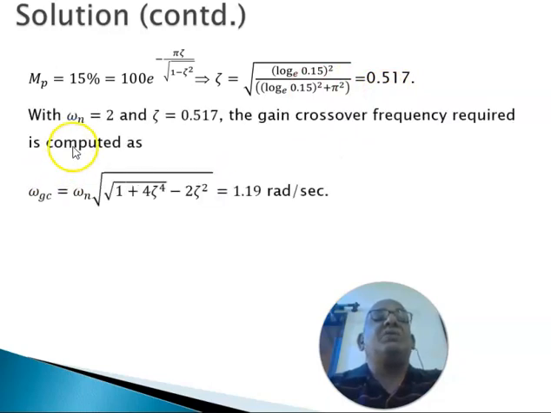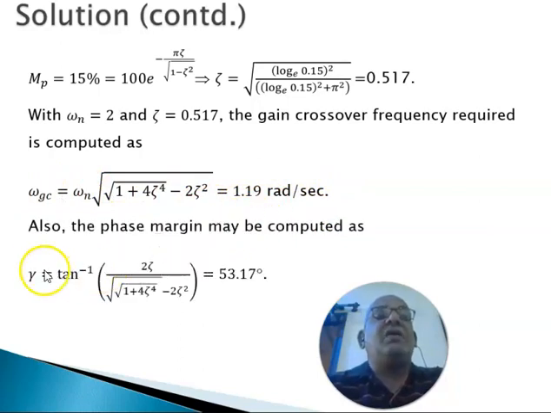Given the damping ratio and the natural frequency of 2 radians per second, you can compute the gain crossover frequency as given here, 1.19 radians per second. And also the phase margin required is 53.17.